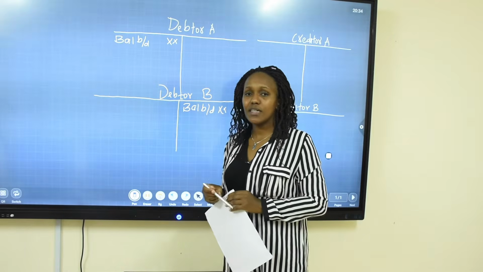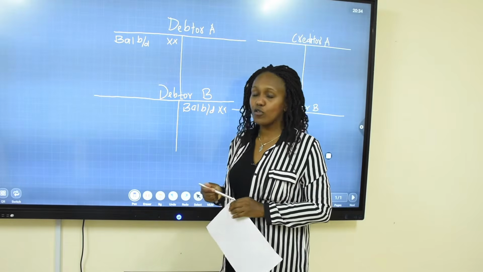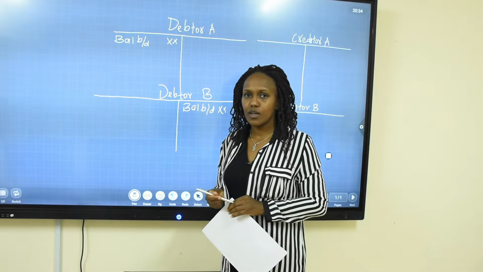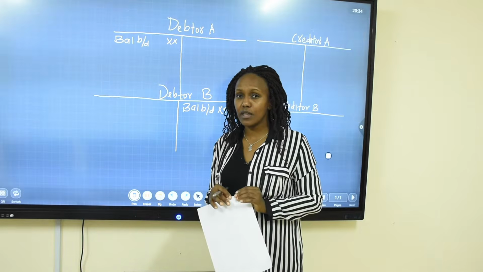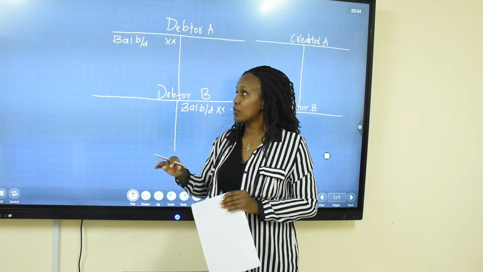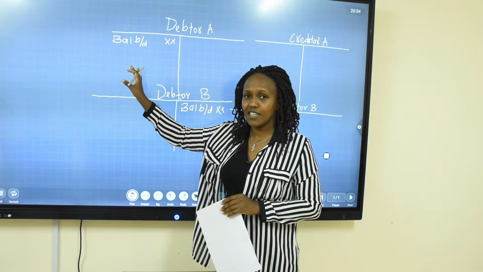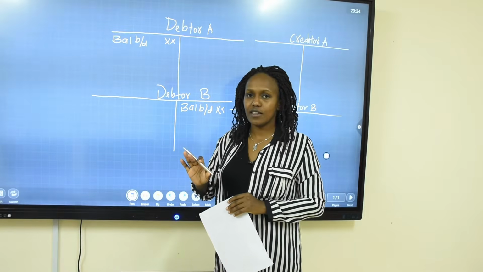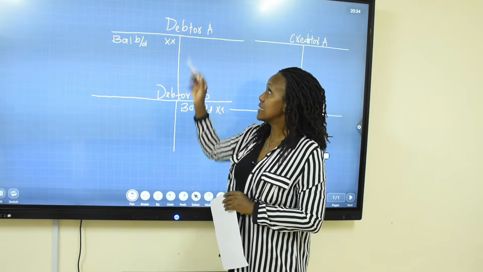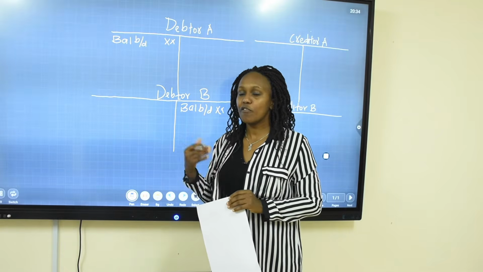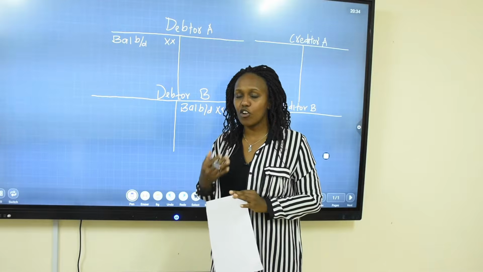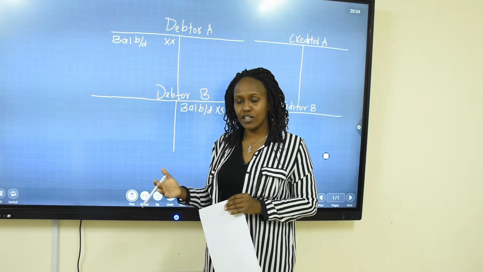Now, when debtor A buys some goods on credit and has not yet paid for those goods, what are we supposed to do? We are supposed to debit the debtor and credit sales. So we are saying customer A has bought some goods on credit, so we have made a credit sale as an organization, because we are recording as the organization.